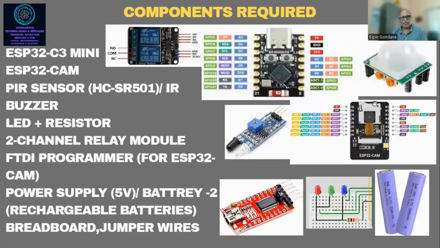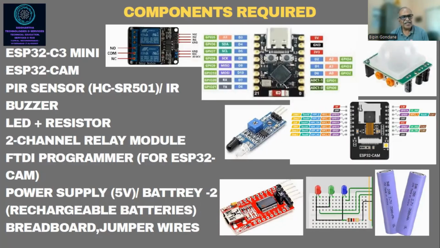So what are the components required? You can see on the right hand side the components we have used. It is the ESP32C3 mini or super mini. It is a small board, please remember. And the ESP32-CAM. Both belong to the ESP32 family, but the difference is the CAM. Now you must be thinking, why have I not used only the CAM for this whole project?